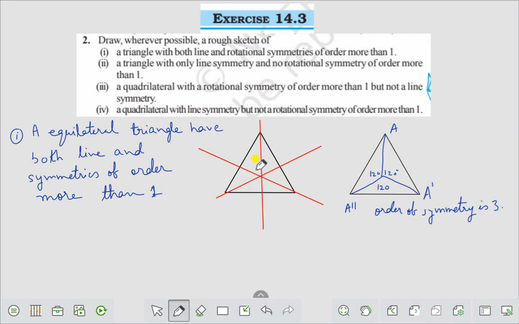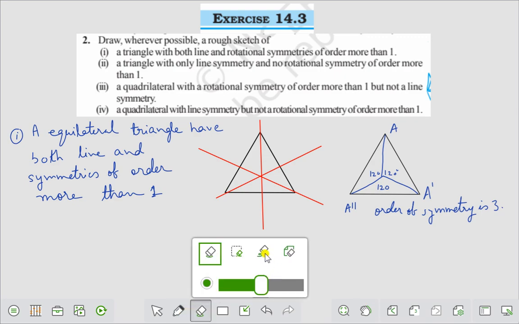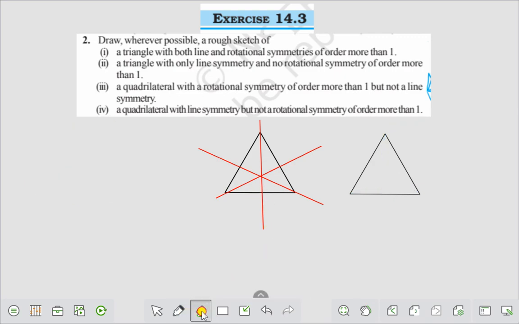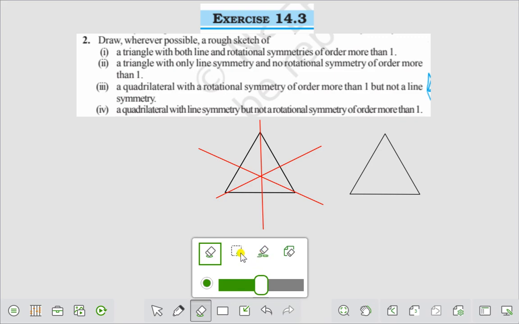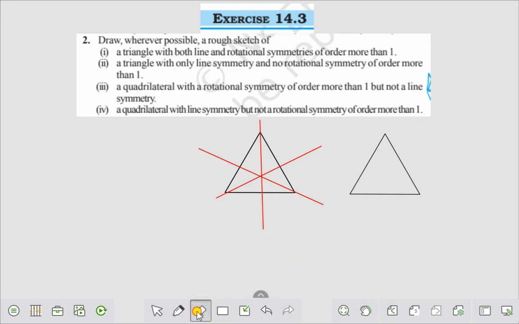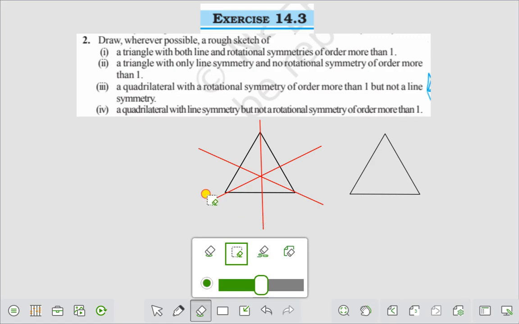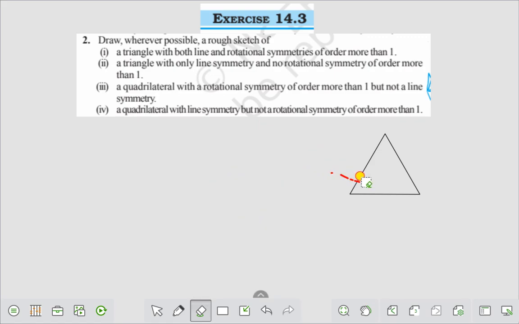Now question number 2. If I draw a triangle, this is an equilateral triangle. Next we'll draw another triangle, that is this one. Right?